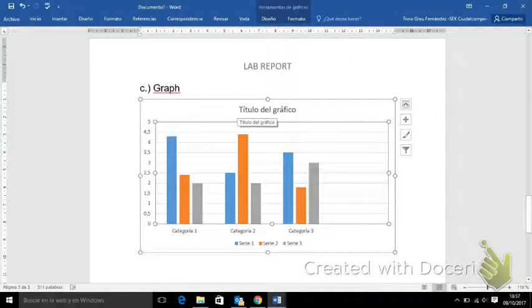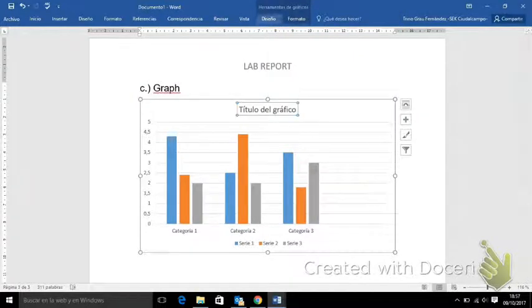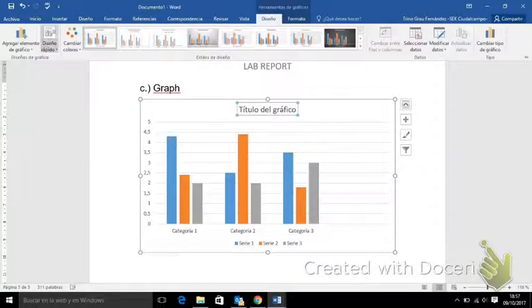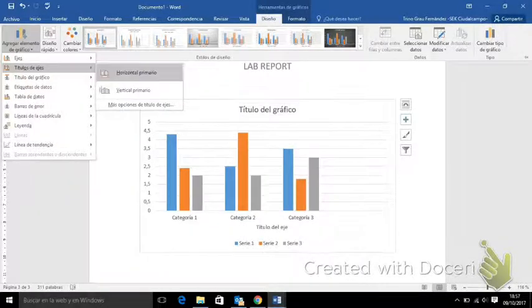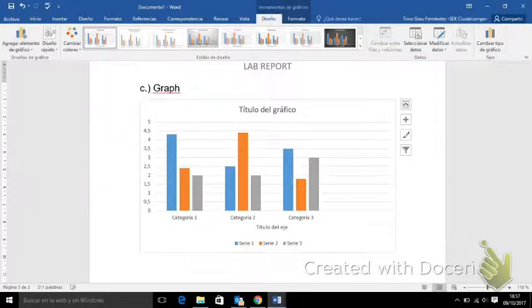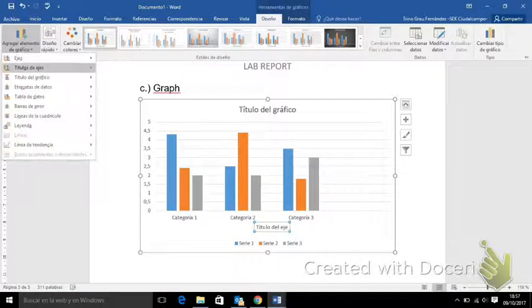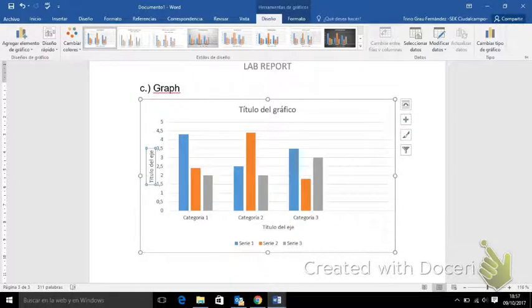You click on the graph, and then when it says diseño, agregar elemento de gráfico, you need to include the titles of the axis. You need to include the x-axis, and also you need to include the y-axis.